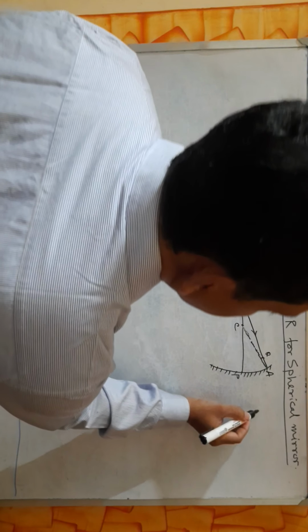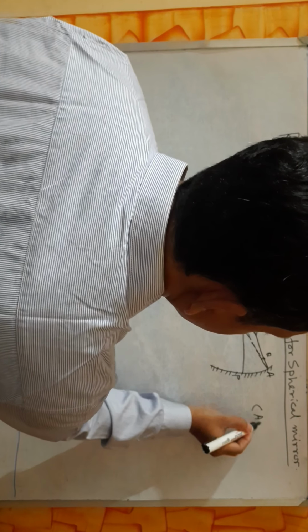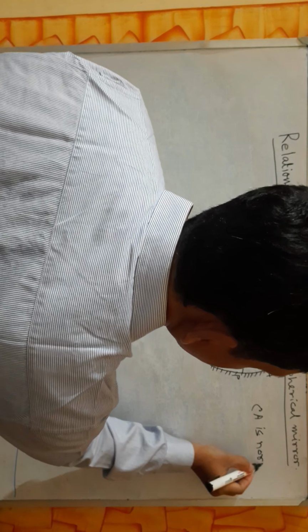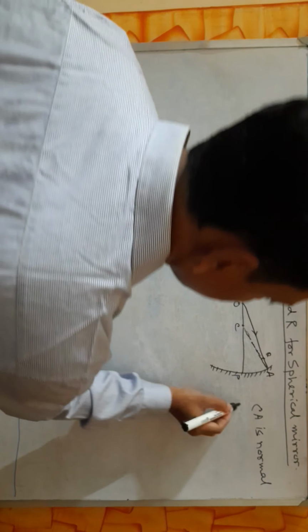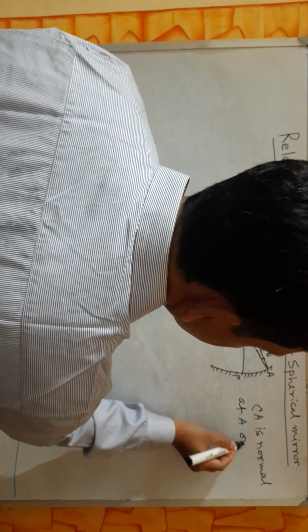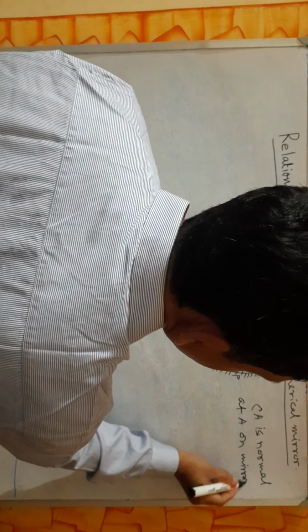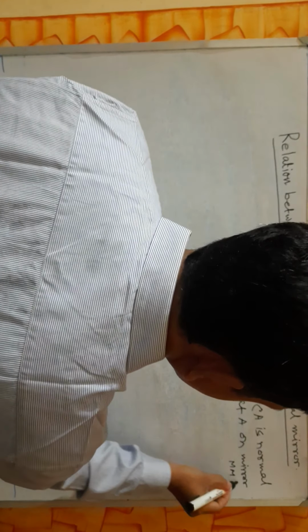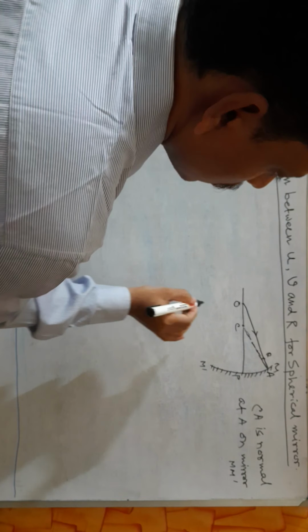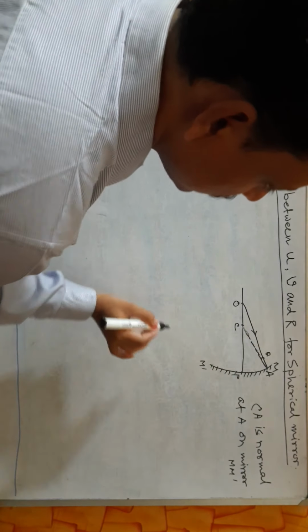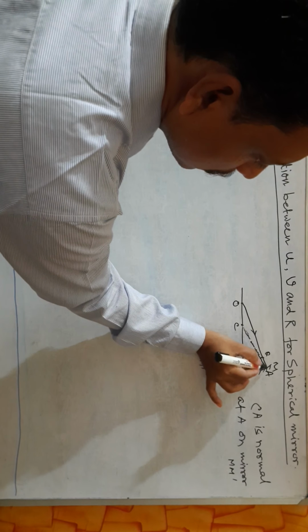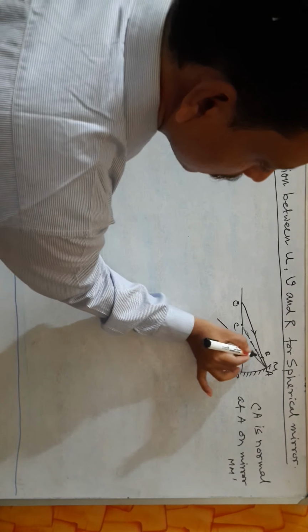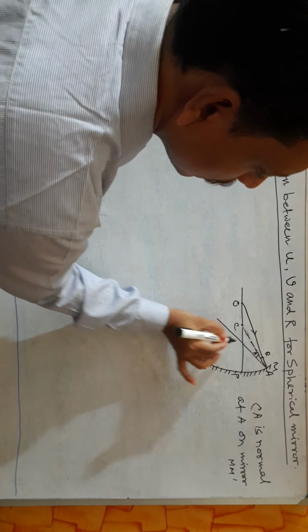So CA is the normal at A on the mirror MM'. The incident angle theta and the reflected angle are equal. This is equal to theta.